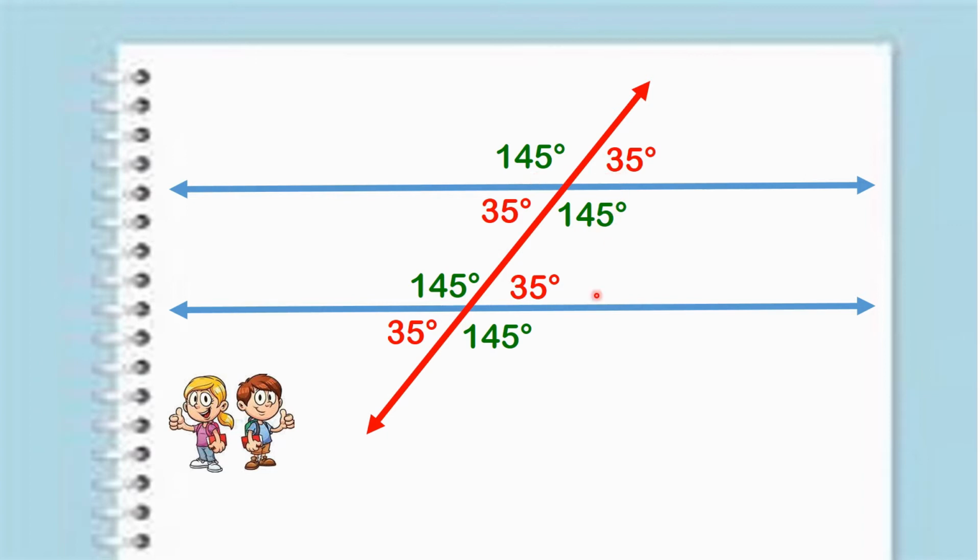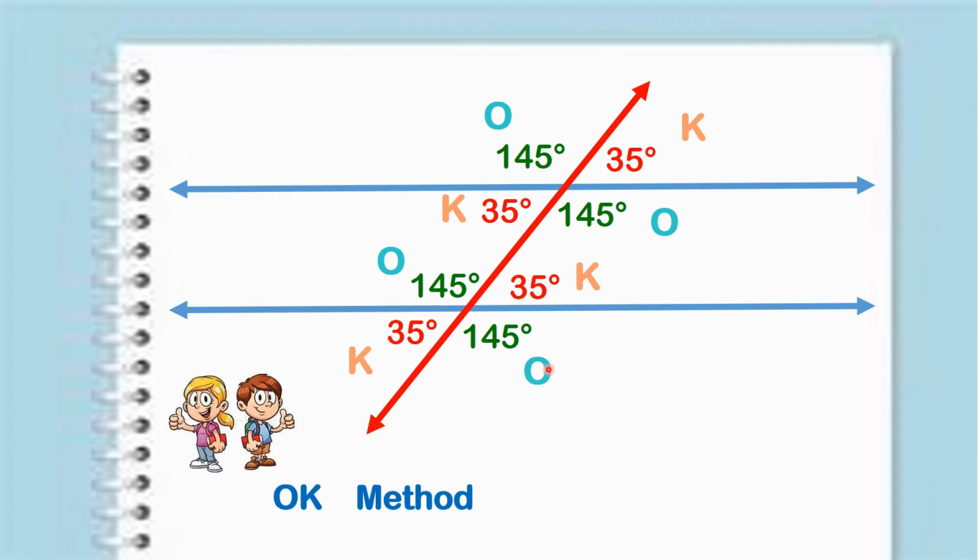So, can you see a pattern here? Of course, there's a pattern. To help us remember the pattern, we can label this angle here, the 145 degrees, as O, and the 35 degrees as K. We can use the OK method to help us remember the pattern in which all O's are equal and all K's are also equal.